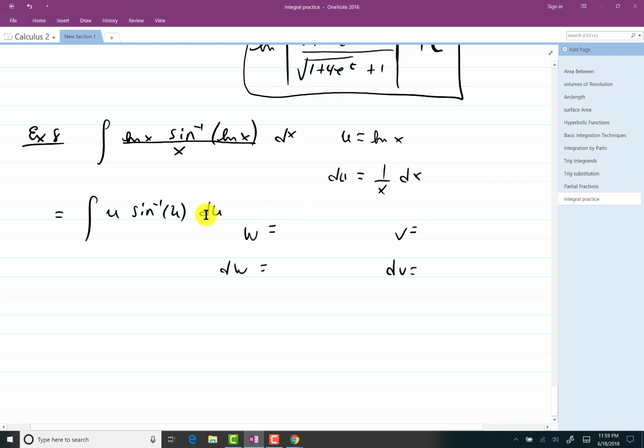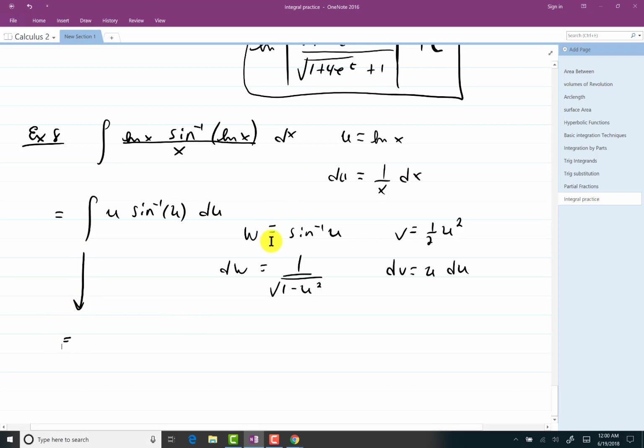All right, my w then, I'll use arc sine of u. Then dw is 1 over the square root of 1 minus u squared. dv is u du, and then v equals 1/2 u squared. This certainly does not seem wonderful. Well, let's write what I have so far and then see.